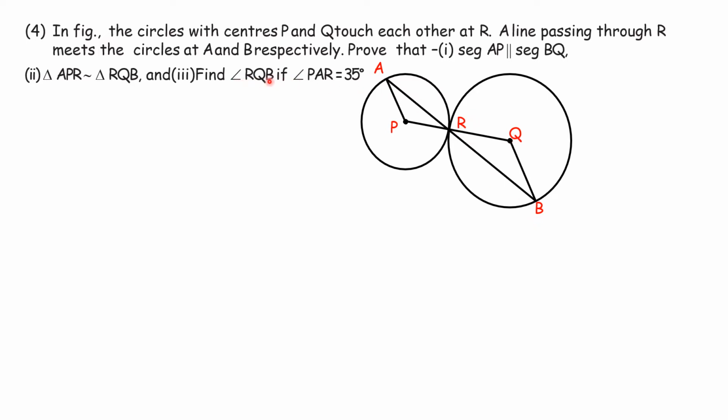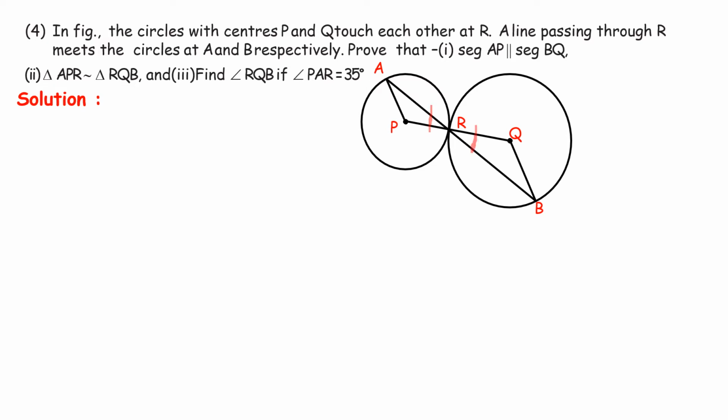If angle PAR is equal to 35, then find the measure of angle RQB. Solution. Now observe carefully. This angle is congruent to this, vertically opposite.